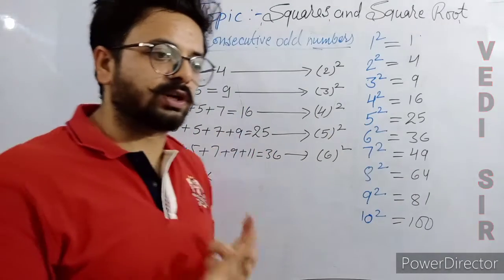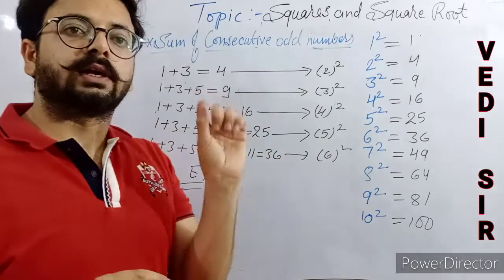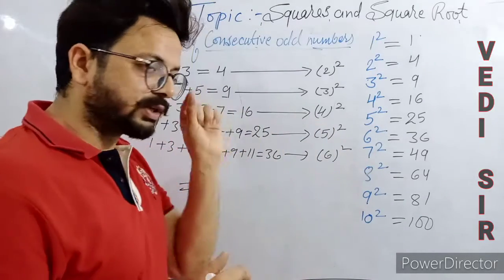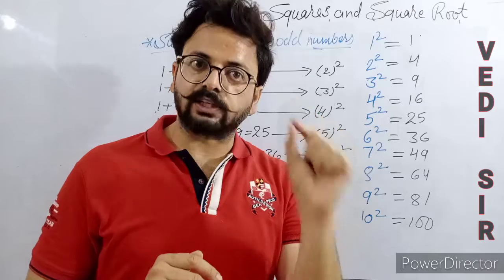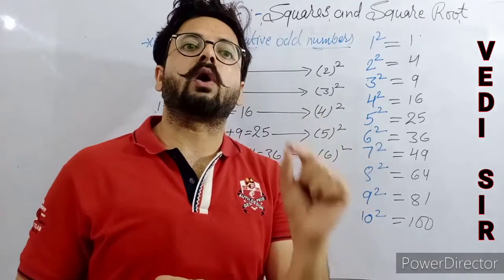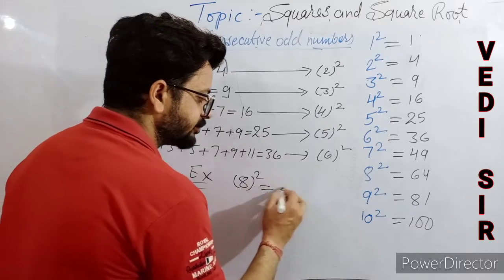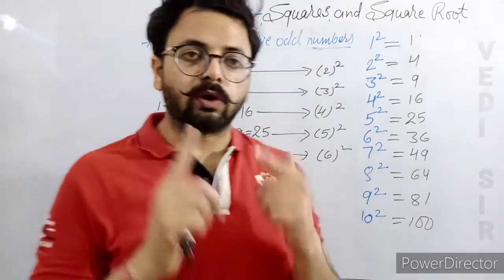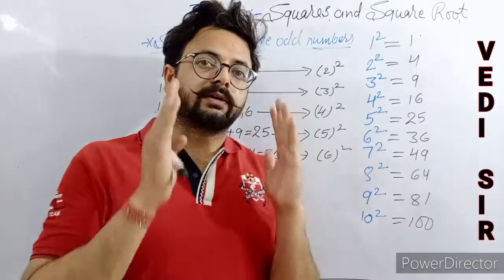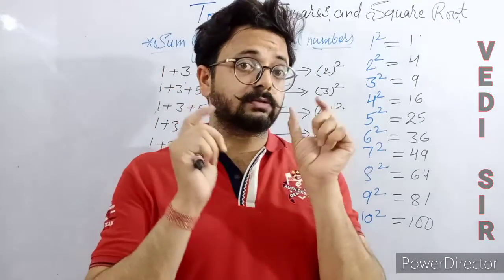Suppose the question asks what is the sum of first 8 odd numbers. First 8 odd numbers, direct square of 8, 64. Again, what is the sum of first 10 odd numbers? "First" is mandatory.